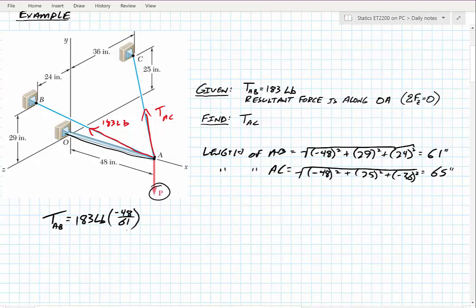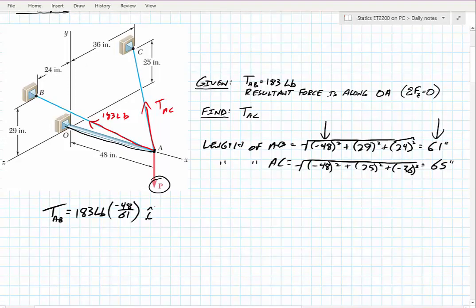The reason I put my negative sign in here even though I'm squaring it is that visually, I'm taking each one of the components and dividing it by the hypotenuse, and that would be my component in that direction. That is in the x direction, or i hat direction. Then in the y, or j hat, I have 183 pounds times 29 over 61 j hat, and in the k hat, I'm also positive. I have 183 times 24 over 61 k hat.